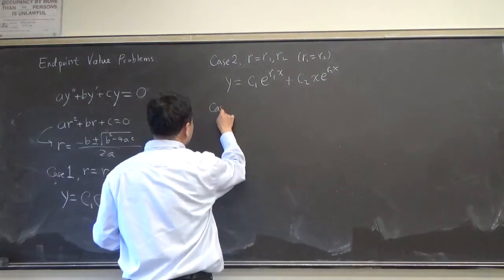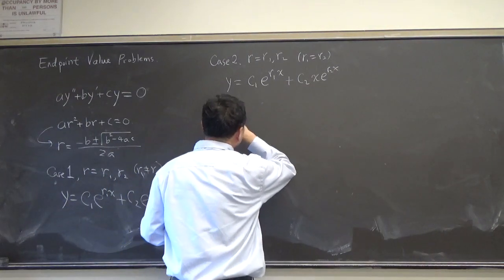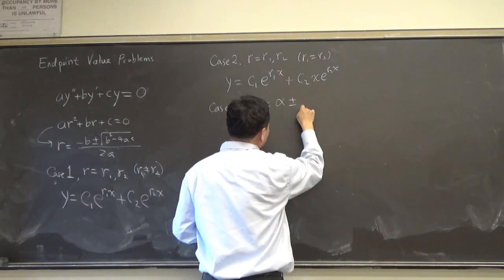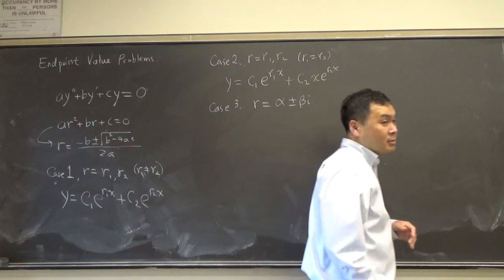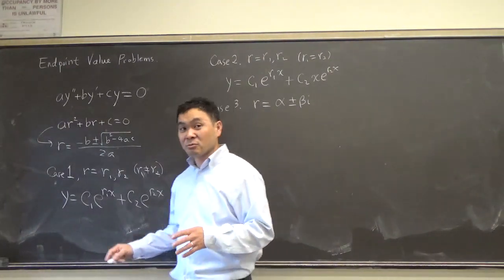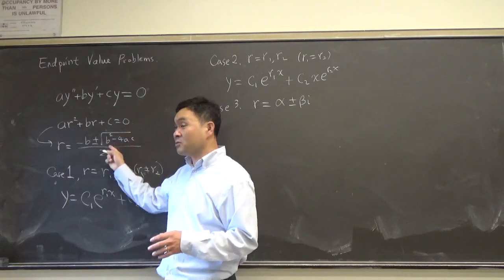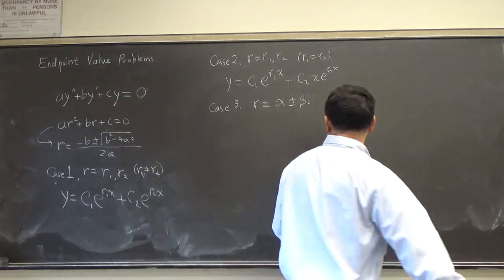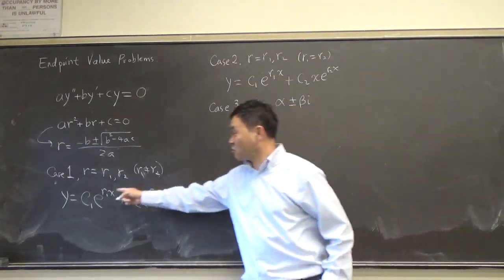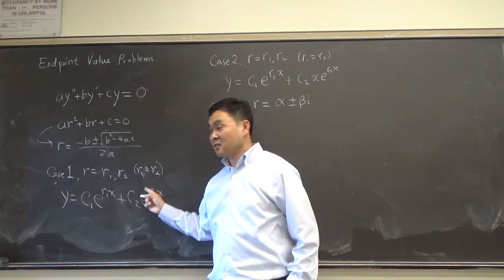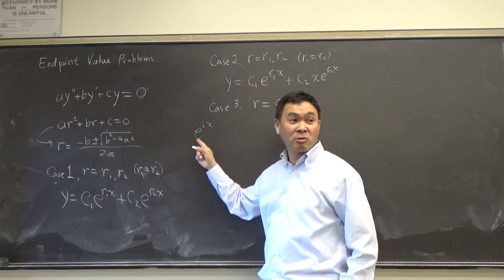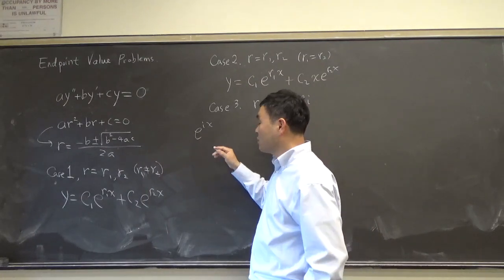Okay, case three. What if r is like alpha plus or minus beta i? You can have a complex set of roots, right? If this is negative, then you get complex values. In that case, you could plug this into here, and we know what to do with e to the ix, right? There's the Euler identity that we can use.